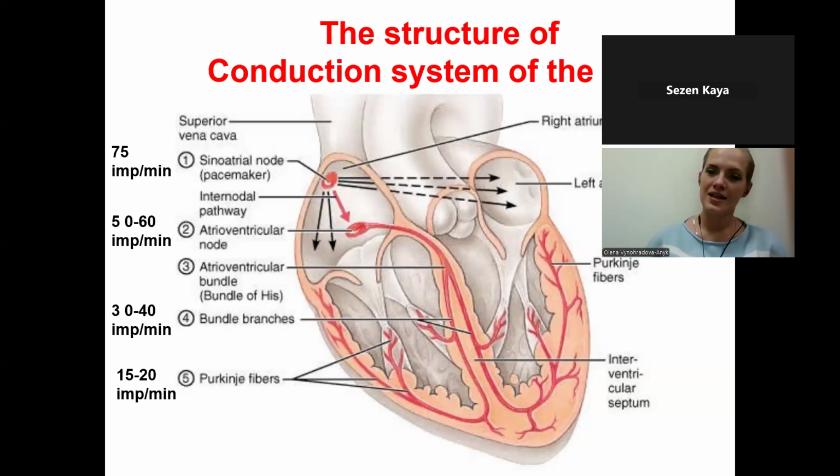It works less, generating a maximum of 50 impulses per minute. Next, the bundle branches can also create heart beating impulses, but in lower quantity, 30, 40 impulses per minute. And Purkinje fibers, a maximum of 15, 20 impulses per minute.